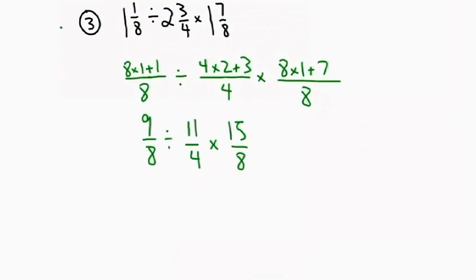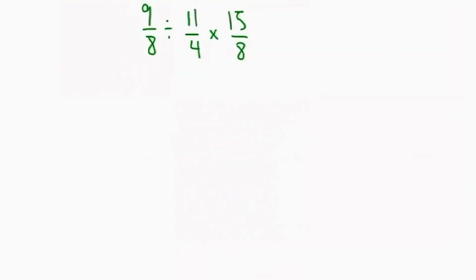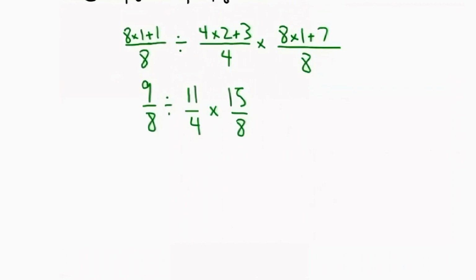And now we have to make sure before we reduce anything that all of our signs are multiplication. So we have 9 eighths times 4 over 11 times 15 eighths. So remember again, when we divide fractions, we change the sign to multiplication and we flip the fraction.